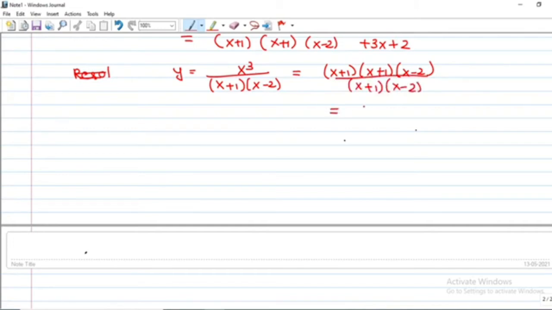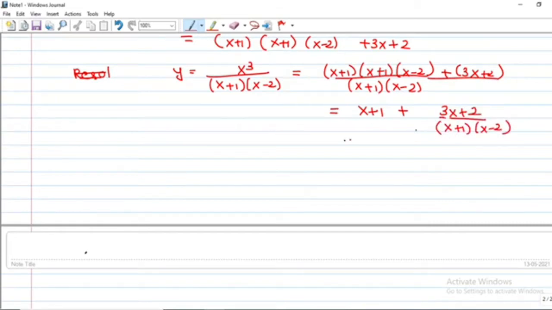Here you can clearly see these two terms will cancel out. Sorry, here I forgot one term, 3x plus 2, which was the remainder. So if we simplify, x plus 1 will be left, and 3x plus 2 upon x plus 1 into x minus 2 will be left.